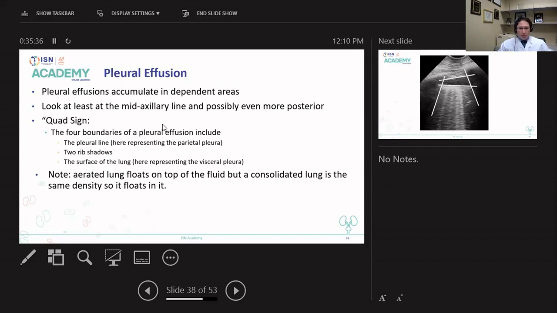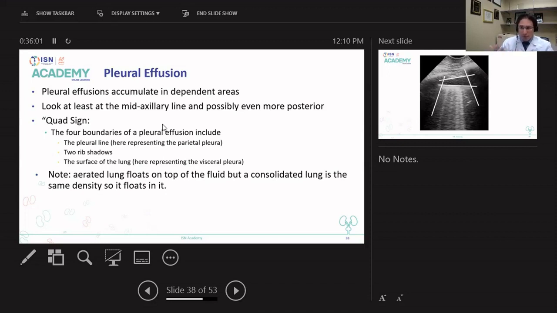There is the quad sign, and the four boundaries of the pleural effusion include the pleural line, which in this case will be representing the parietal pleura, two rib shadows, and then the surface of the lung, which in that case will be the visceral pleura, and then whatever's underneath it.